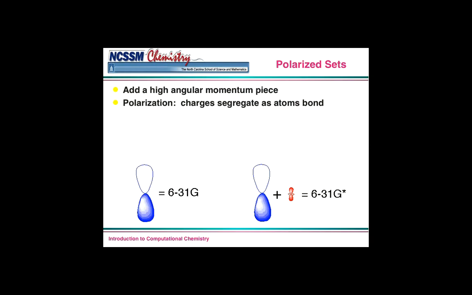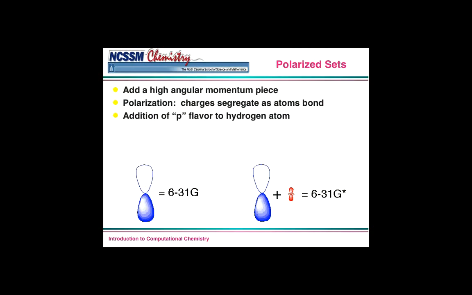What you're seeing at the bottom of the graphic is what looks like a p orbital, and that's exactly what this is. When electrons start moving around, they change the shape of what these orbitals look like. So you see the note there where I'm adding a p flavor to a hydrogen atom.